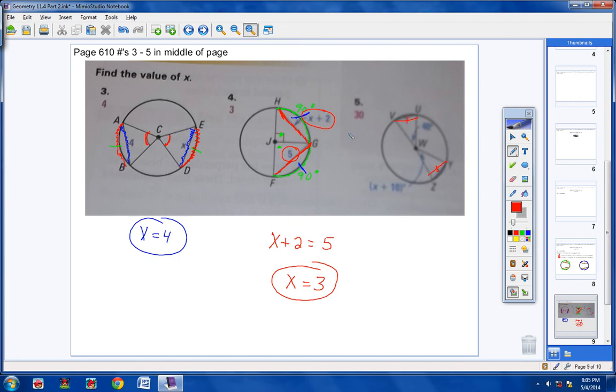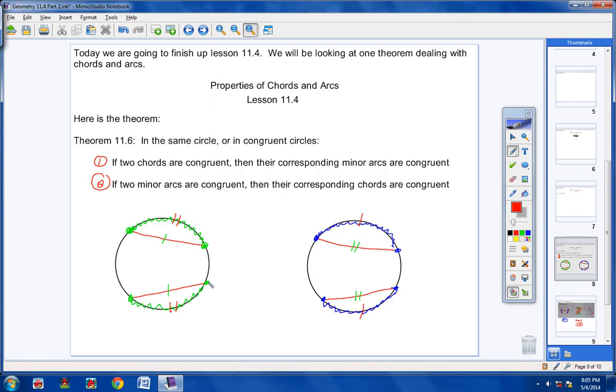So what we have are congruent chords. We have a straight line and a straight line. They're congruent. Now, that goes back to part 1 here. If two chords are congruent, then their arcs are congruent.